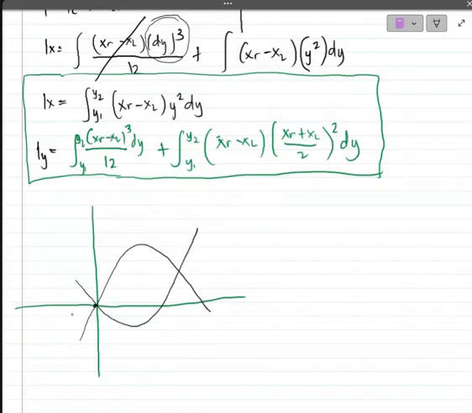So this is 0, 0. This is 4, 8. This is 3, 9. And this is 1 again.